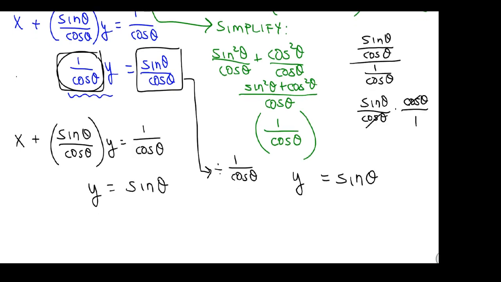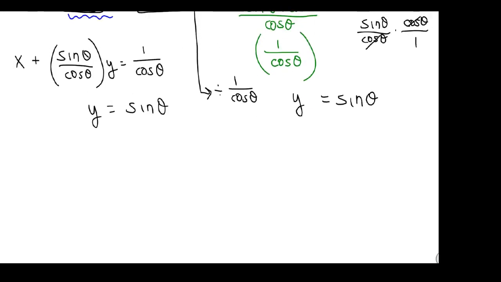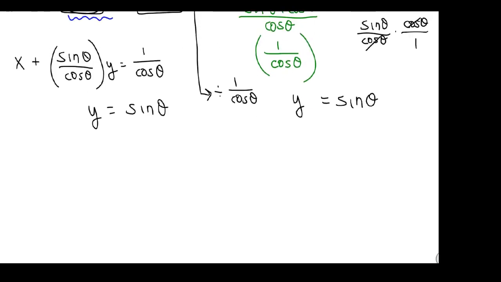To finish solving this system, I only need to figure out what x is. To find x, I take my first equation and replace the y with what it's equal to, thereby solving for x.